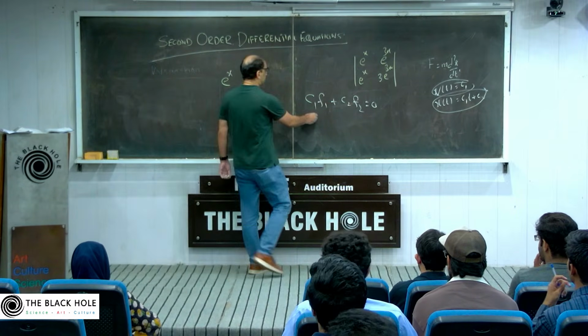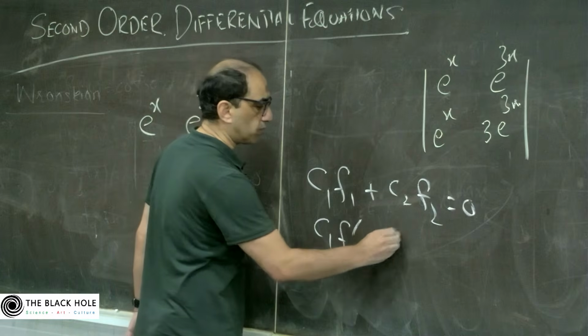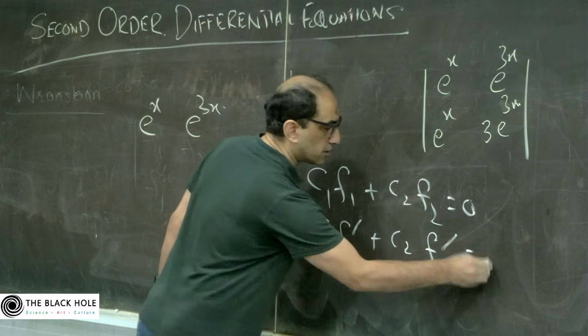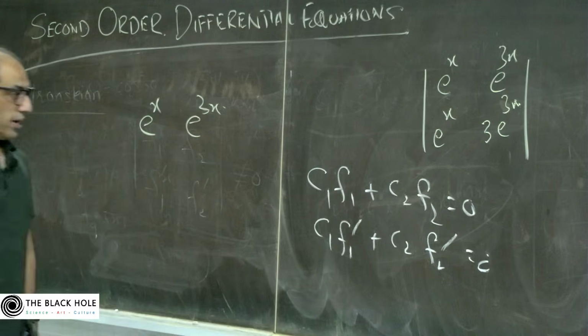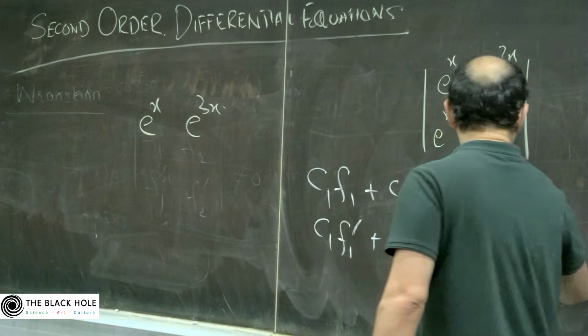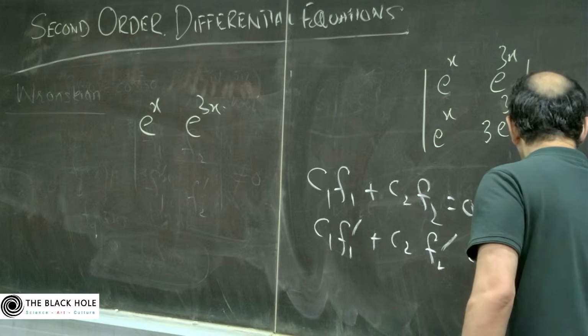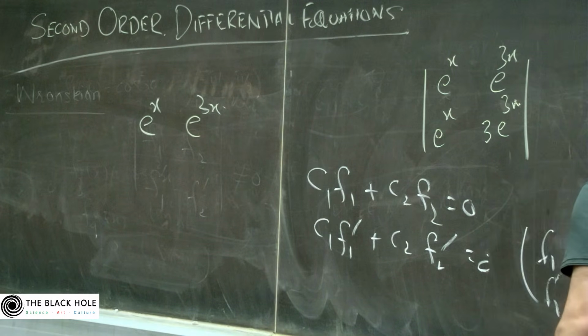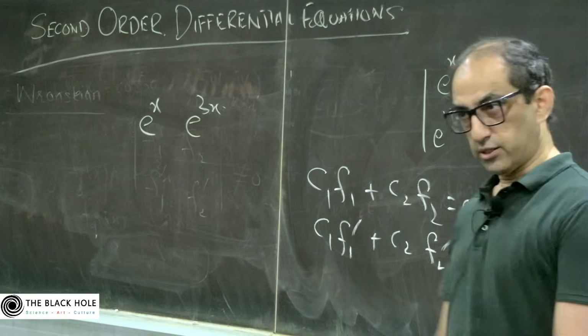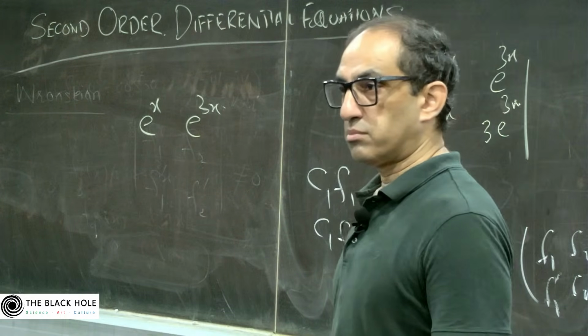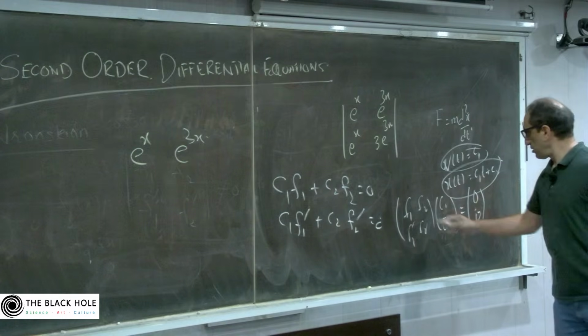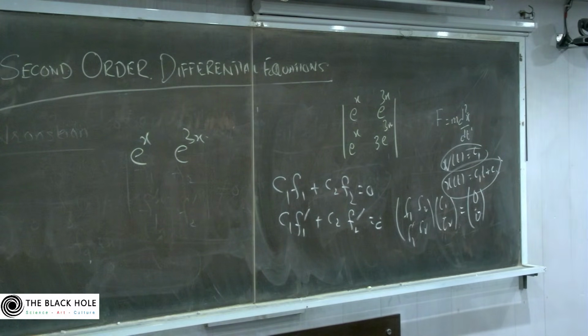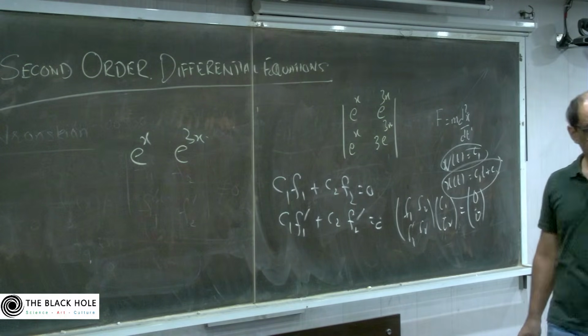So I can write this thing as C1F1 dash plus C2F2 dash is equal to 0. And now I can write this thing as the matrix F1 F2, F1 dash F2 dash, times C1 C2 equals 0 0, right? And if you take the determinant, in order for C1 and C2 not to be equal to 0, the determinant ought to be equal to 0, and that gives you the criteria.